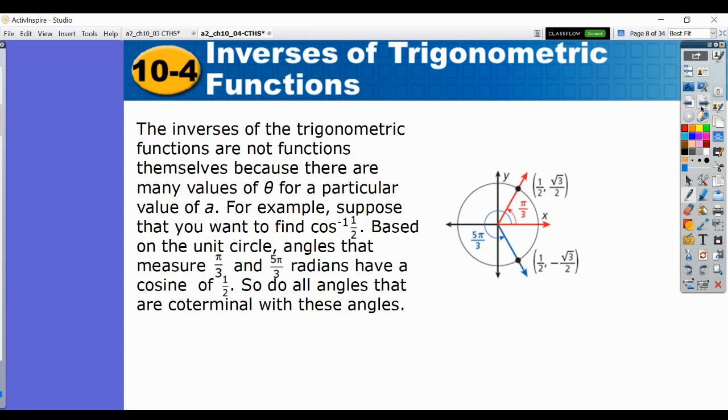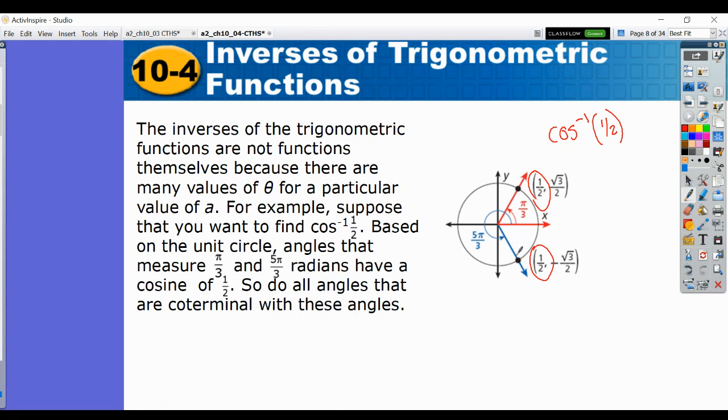All right, here's the problem. If I asked you cosine inverse of 1/2, I just told you one of the answers is 60 degrees or pi over 3. However, if you look at this unit circle, there are actually 2 places that have a 1/2 in the cosine x position. So there are actually 2 different answers.